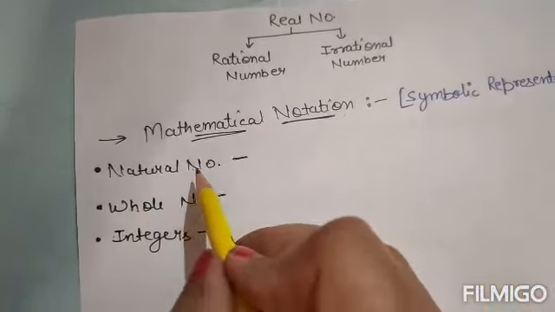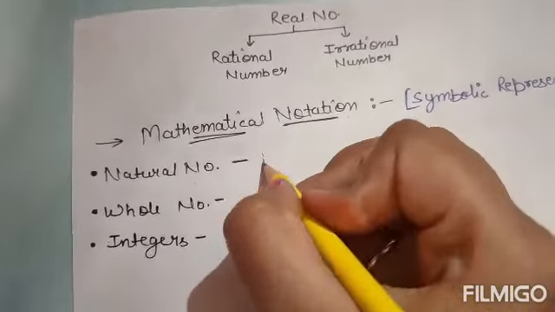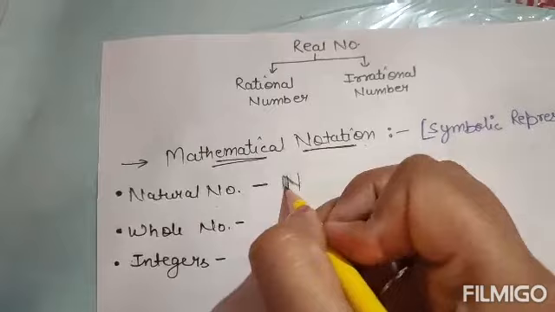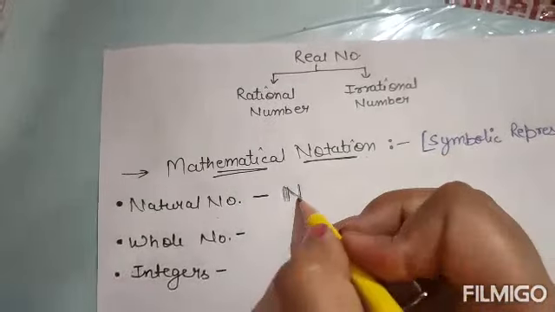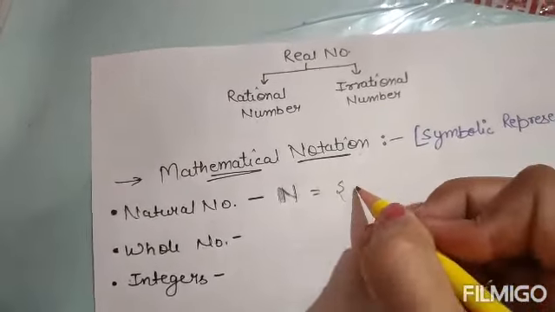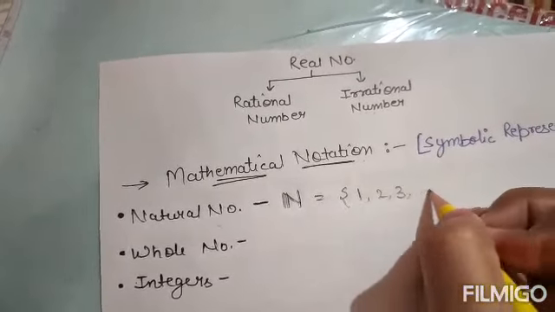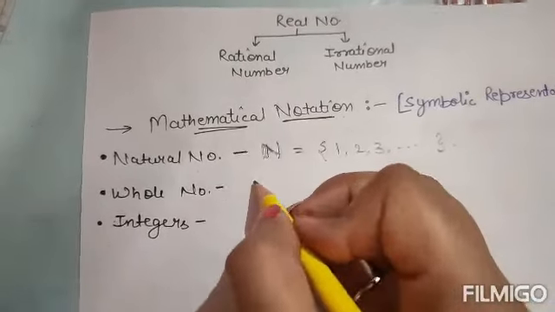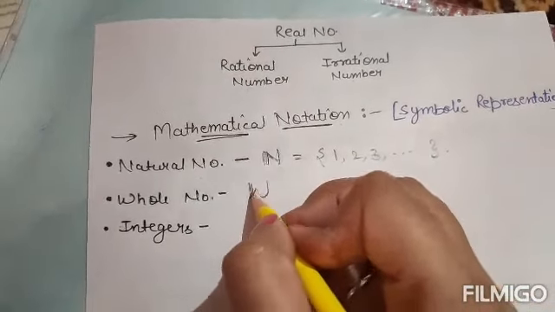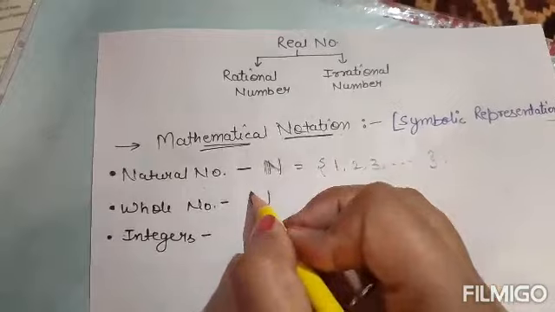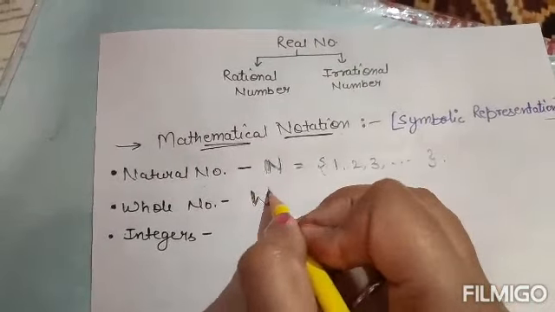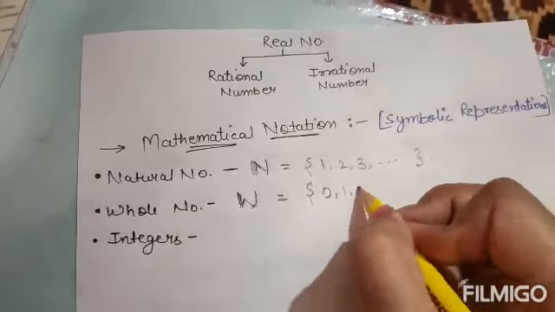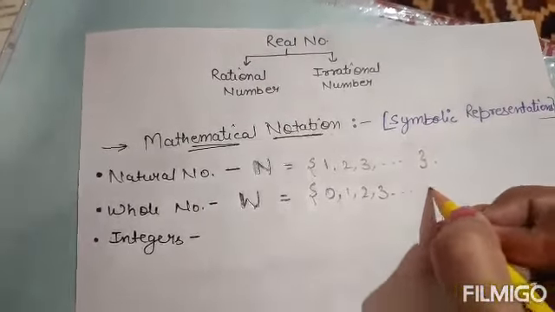For example, natural numbers, which are denoted by capital N, include 1, 2, 3 and so on. Another is whole numbers, which are denoted by capital W, and this one line is bold, and it includes 0, 1, 2, 3 and so on.